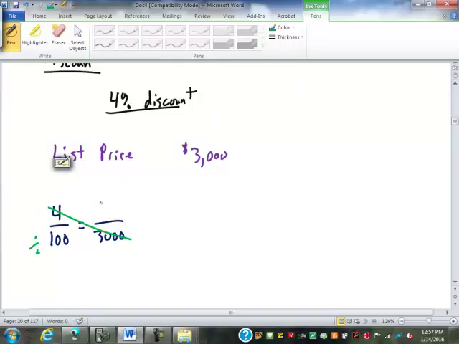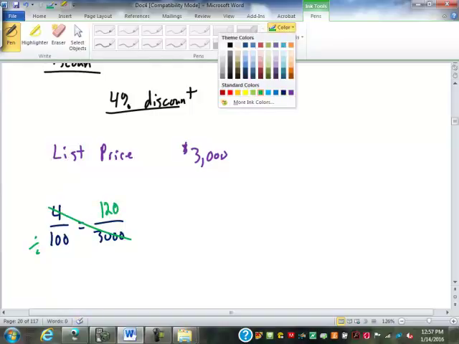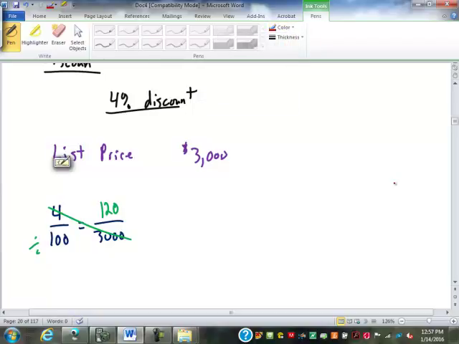Cross multiply and divide, you get $120. So is that my answer? We have to take $3,000 and subtract 120 to get 2,880 is what we're going to pay. Now, if we look at what happened here, what's wrong, Drew?